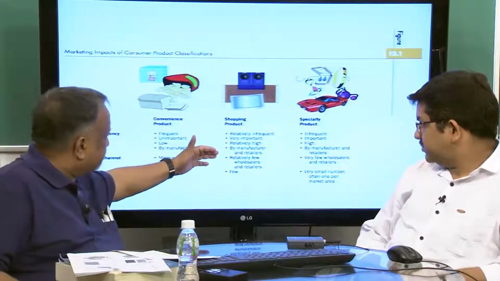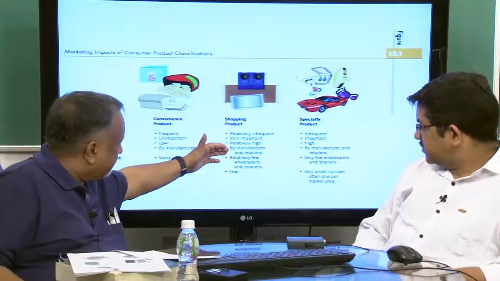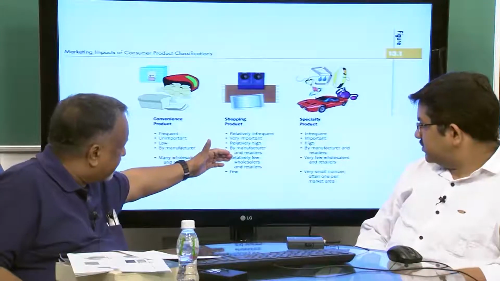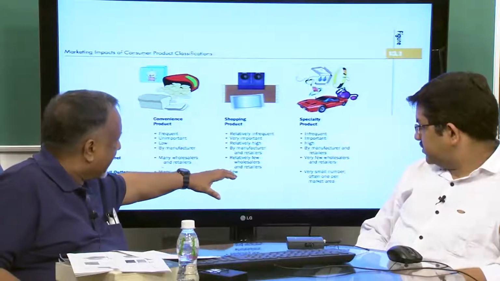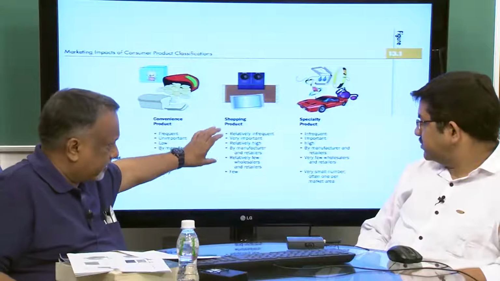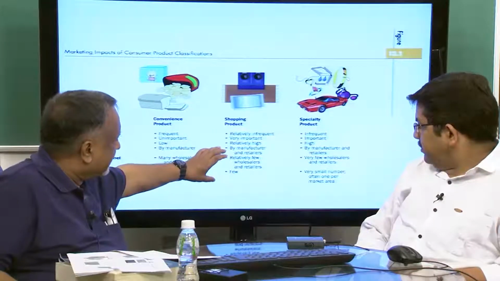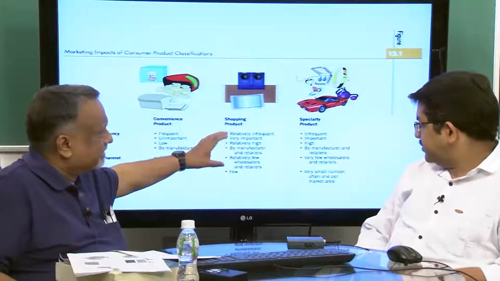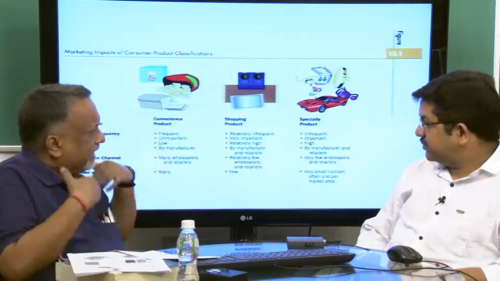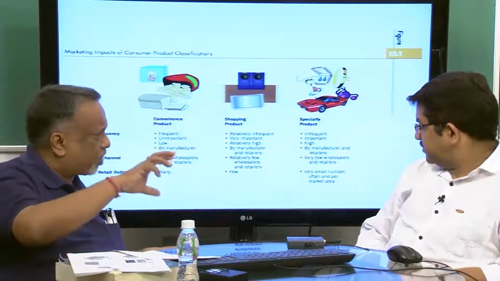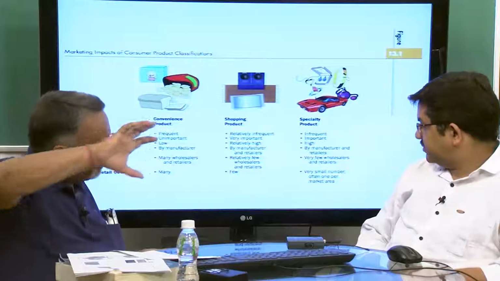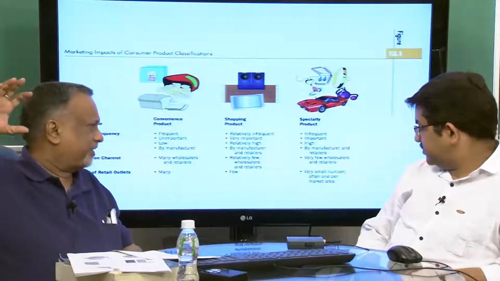And here the distribution channel, there will be few wholesalers and there may be a number of retailers. Some of these retailers are exclusive, and in some cases the company deliberately puts its product with retailers who have other refrigerators.